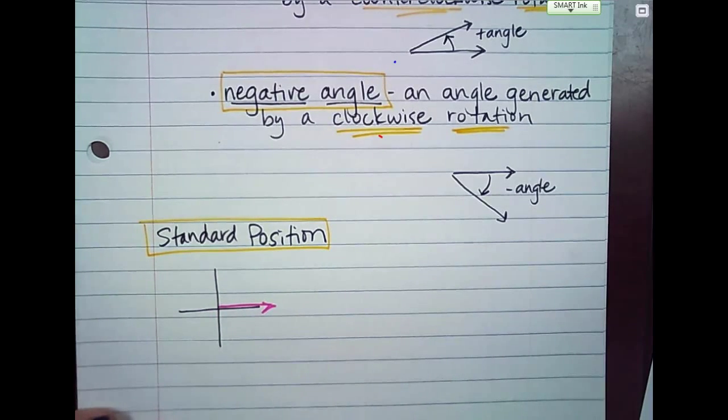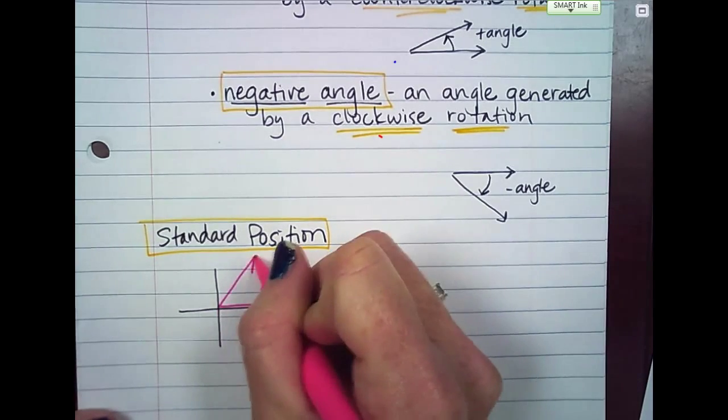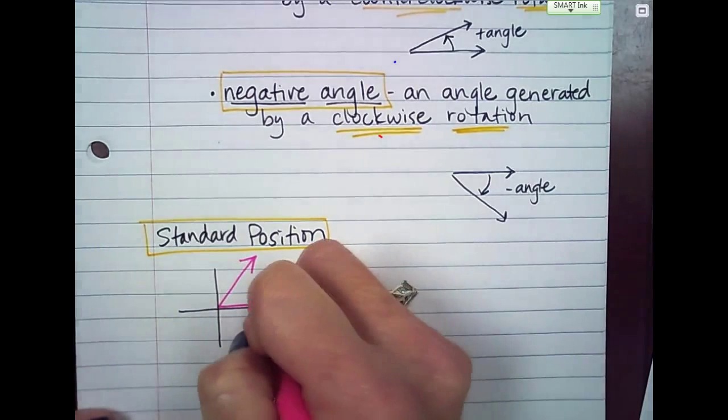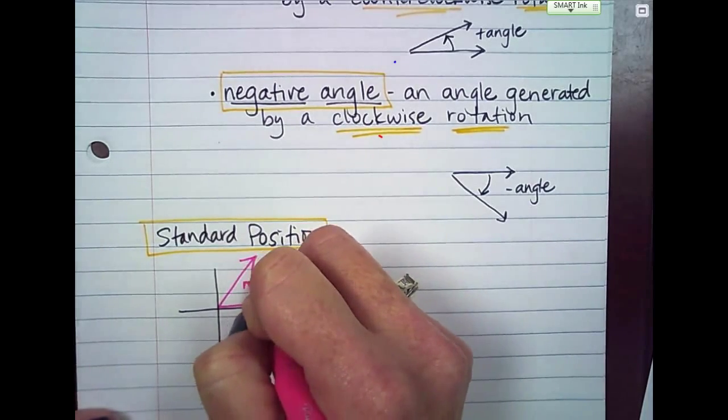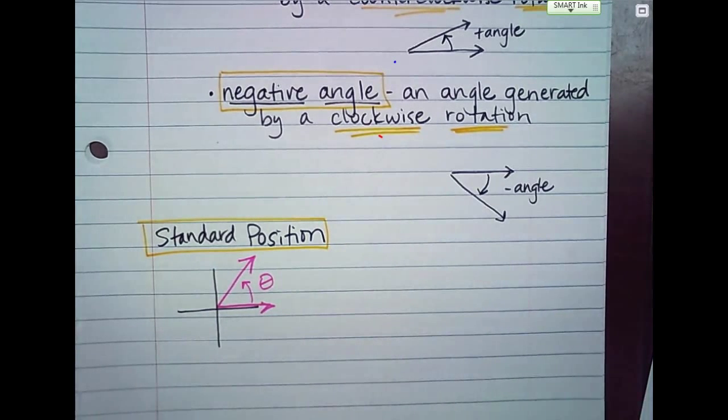It doesn't matter where you stop. This is your starting, and this is your stopping. Sometimes they'll draw a motion arrow so I know I went that direction, and they'll call your angle theta. Y'all remember that? That's that little circle with the line through it. You did that in geometry, theta.